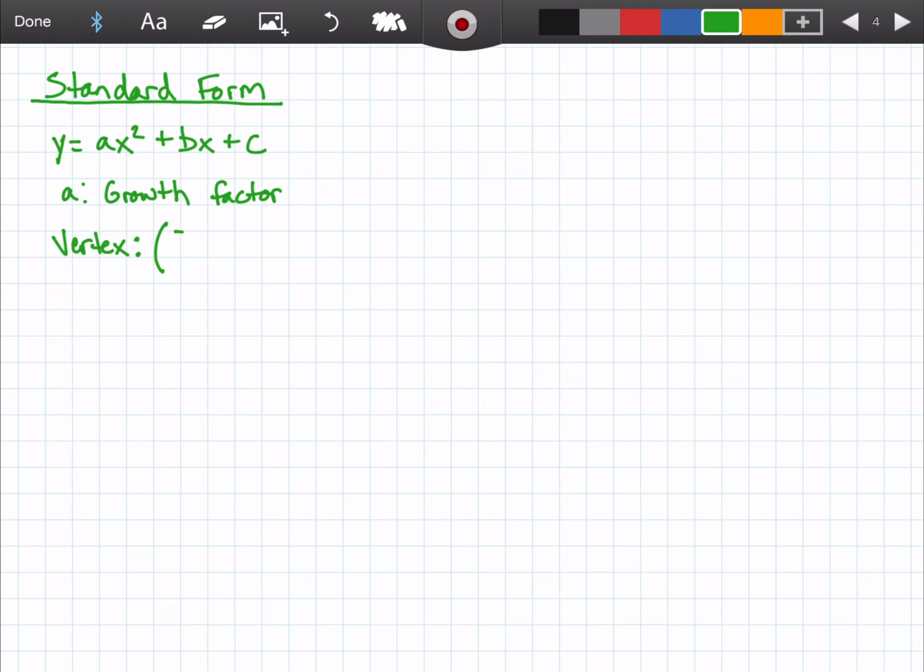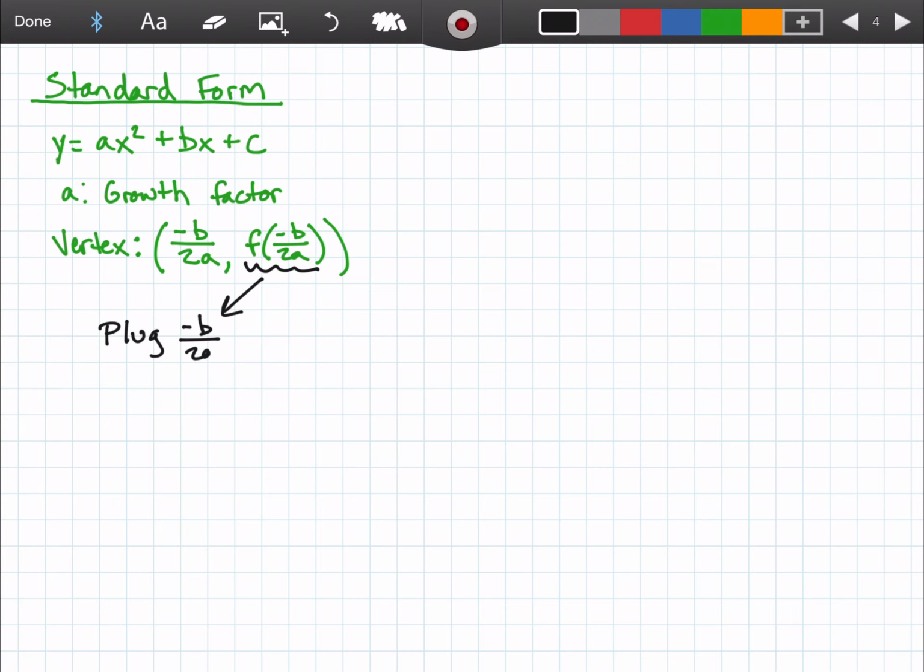So I'm just going to tell you that to find the x coordinate of the vertex, I'm going to go -b divided by 2a. And this notation just means we're plugging into the equation. So there's some function notation for you.